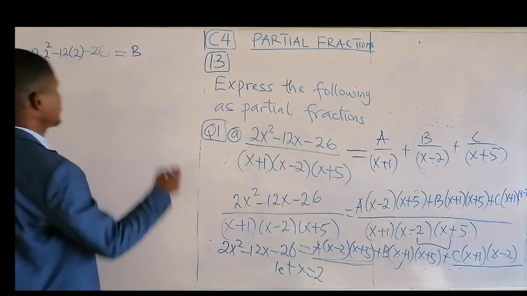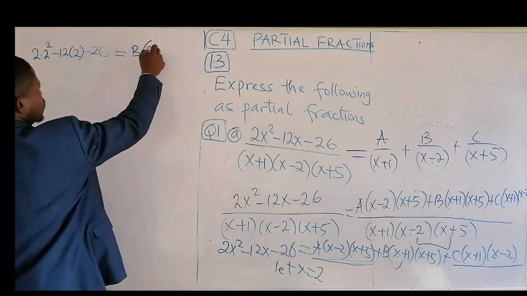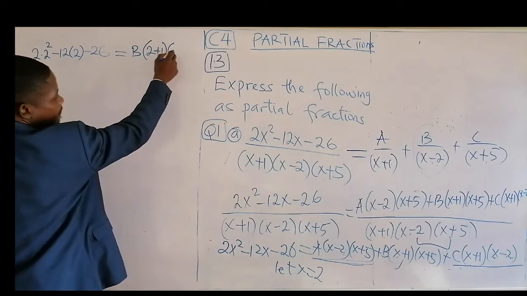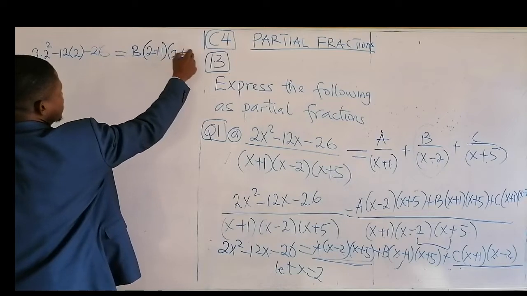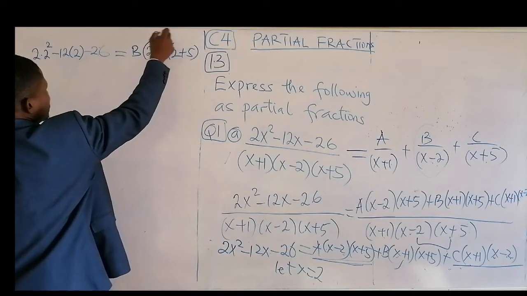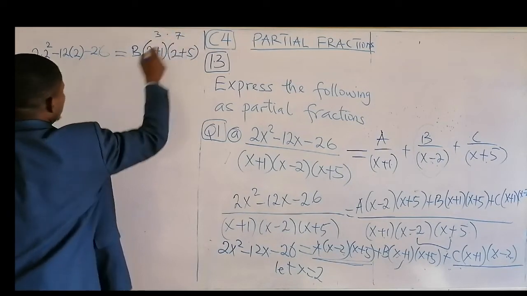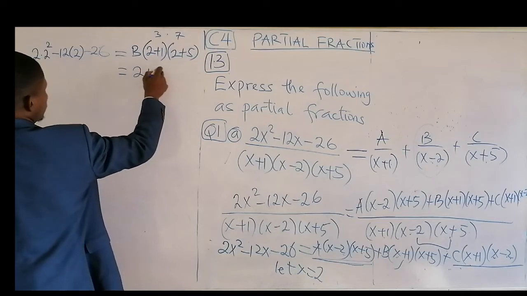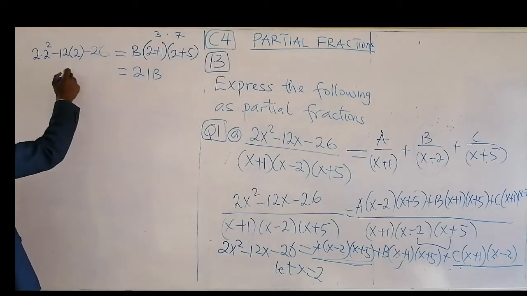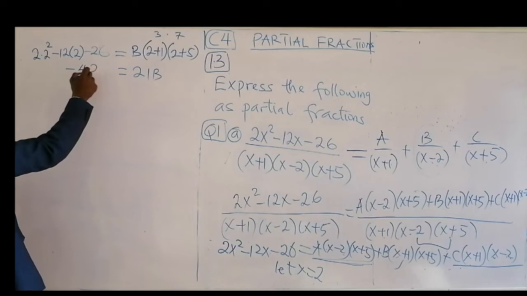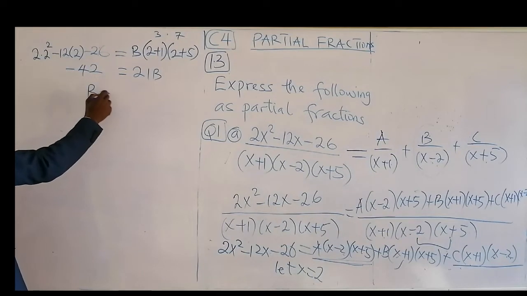So we have B times 2 plus 1, and then 2 plus 5. So this is 3 times 7, so that's 21B. And this will give us minus 42.